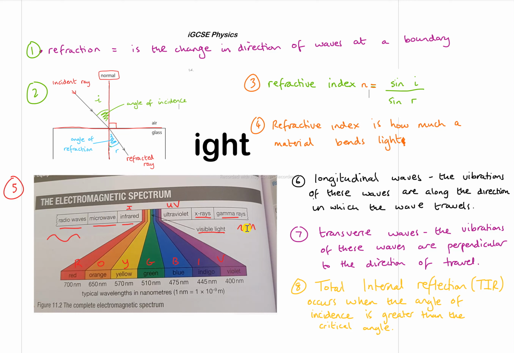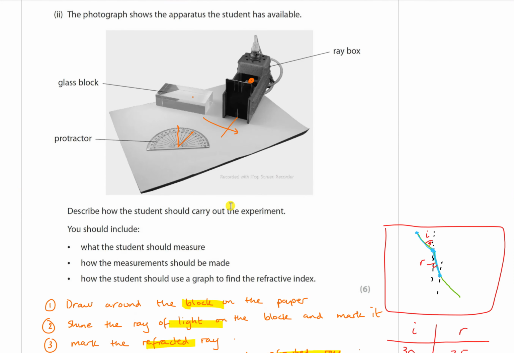Gamma rays have got the shortest wavelength and highest frequency. So radio wave, microwave, infrared. Then you've got visible light, and that can break down into ROYGBIV. Then you've got ultraviolet, X-ray, gamma. Okay, leave it like that.